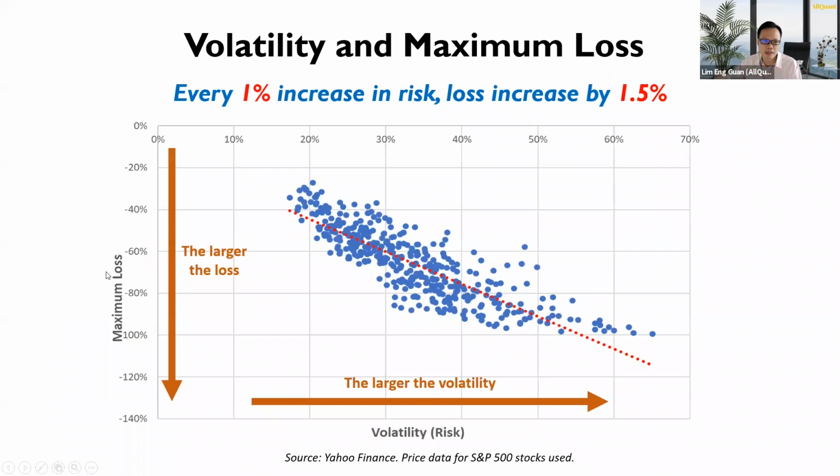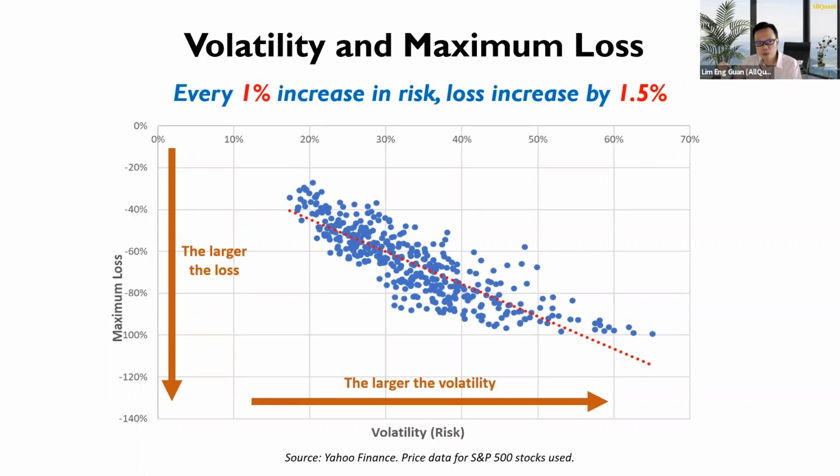Now, unsurprisingly, volatility and maximum historical loss are related. The higher the volatility of a security, the larger its drawdown or maximum loss tends to be. And you can see this from this chart, which shows a scatter plot of the maximum historical loss against the volatility of the individual stocks within the S&P 500.